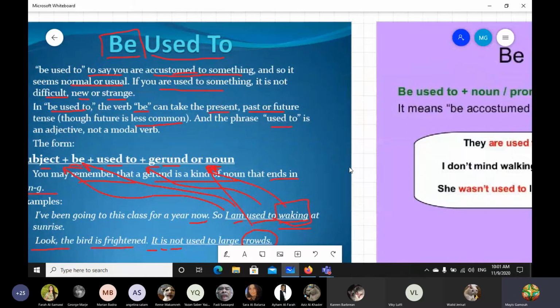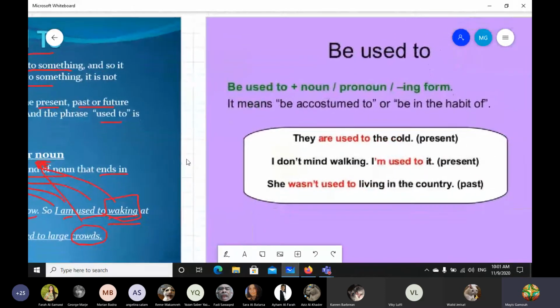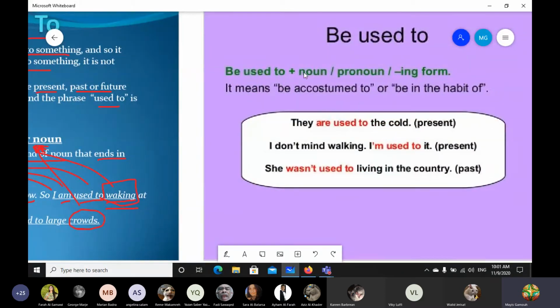Let's go to the next slide. Be used to اللي هي برضو اللي احنا بنحكي عنها, be used to plus noun, pronoun or ال ing form اللي هي للnoun بس بيكون بينتهوا مع ال ing.